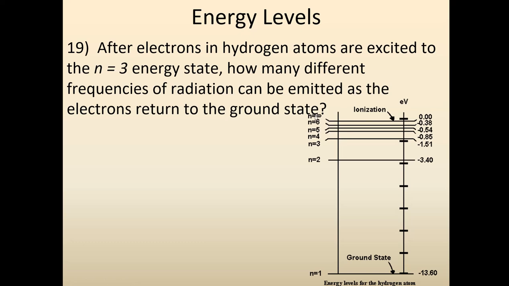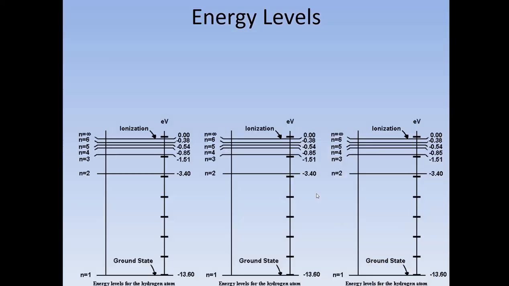So, for example, if we had an electron at the n equals 6 state, instead of jumping straight to n equals 1, maybe some electrons decide to jump to n equals 5 before going to n equals 1. Or maybe they go to n equals 3 and then down to 1. Or maybe 3 down to 2 down to 1. So there's a bunch of different combinations that can happen as the electron drops from one level down to another.